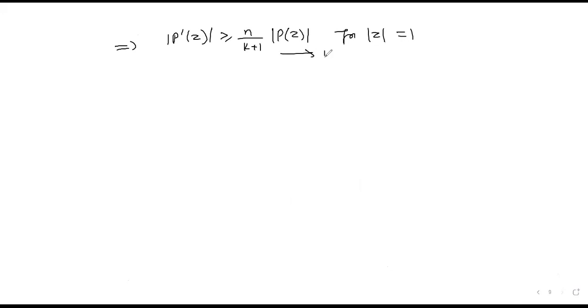Let's call it the third equation, whatever number it was, except at points where p of z vanishes.